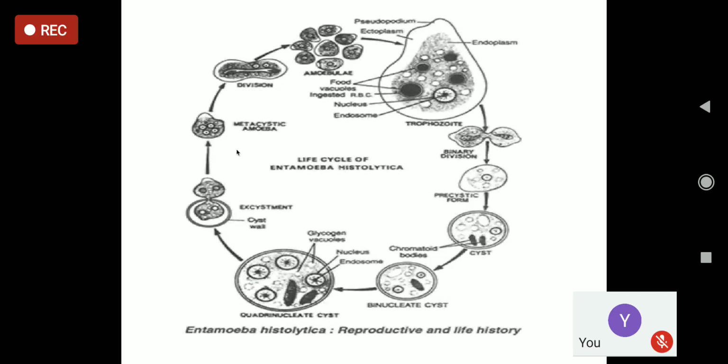So this is the life cycle as well as the pathogenesis of amoebiasis. If we know this life cycle, and if we have a clear vision regarding the pathogenesis in between, then we can easily say what happens during that infection, or what clinical manifestations the patient may have.